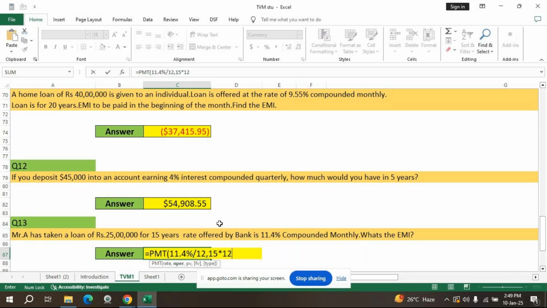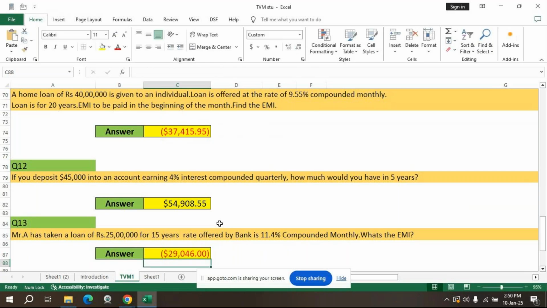Comma, PV. PV is the present value. They have taken a loan of 25 lakh, so plus 25 lakh only. Now comma, future value. Future value is 0, we don't know. Then comma, type: at the end of the period, so you just put 0. Now close the bracket and then press enter.